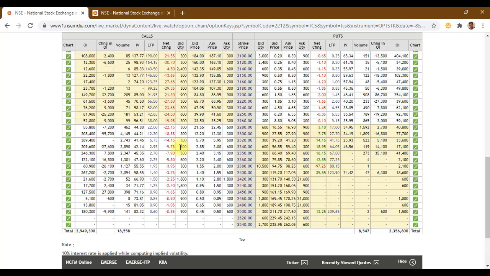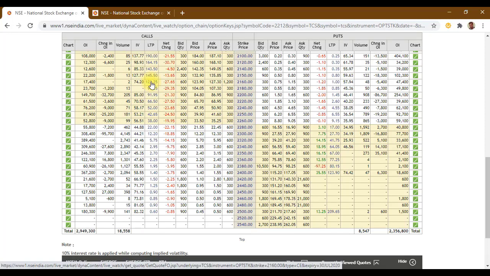If the market is trading around 2270 rupees, all the strikes above the 2270 level we call OTM. And all the strike prices which are below the current market price we call ITM.